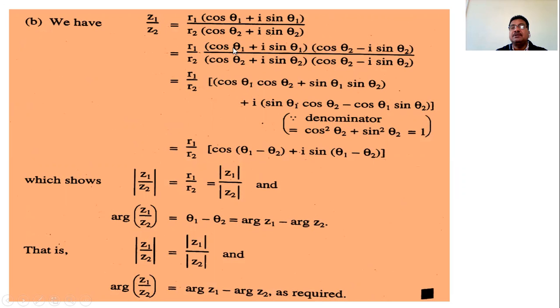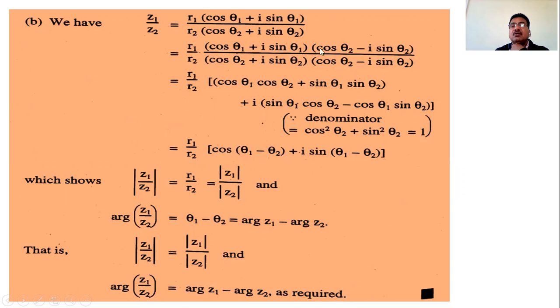Then the multiplication of these two terms, we have four terms. What are they? Cos theta 1 cos theta 2, then minus I cos theta 1 sin theta 2, then plus I sin theta 1 cos theta 2, and the last term is minus I square sin theta 1 sin theta 2. Then write that I square as minus 1.